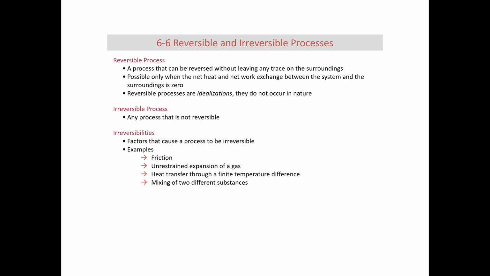A process that can be reversed without leaving any trace to the surroundings is called a reversible process. This is possible only when the net heat and work exchange between the system and the surroundings is zero. Reversible processes are idealizations. They do not occur in nature.